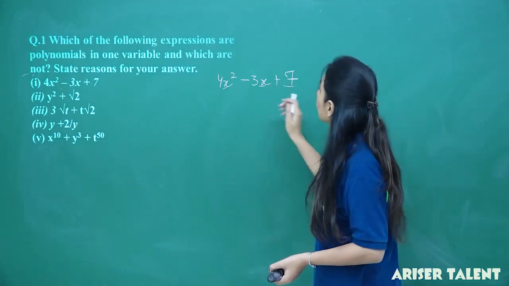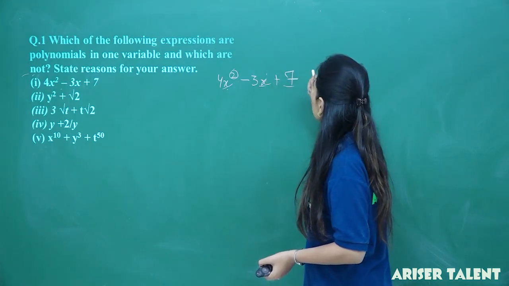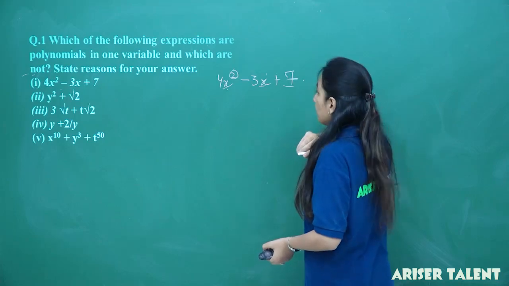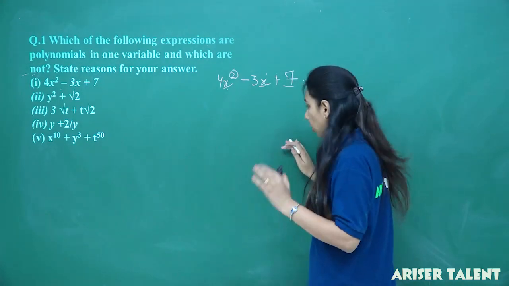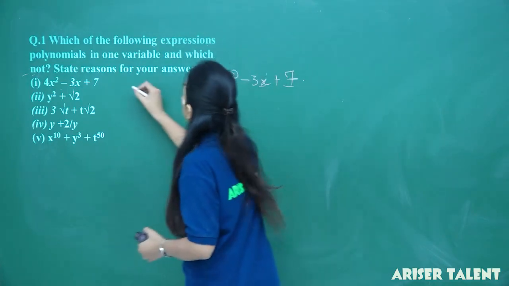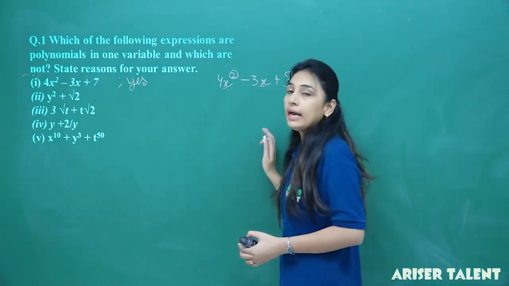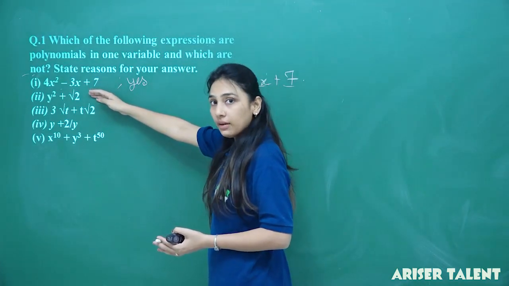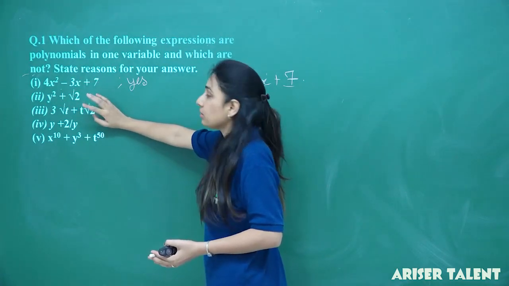Now look at the power: 2, 1 and x to the power 0. So both are whole numbers. So the powers of 3 terms are whole numbers. Now, it is a polynomial, and the reason is it's having whole numbers as its power and it's having 3 valid terms.